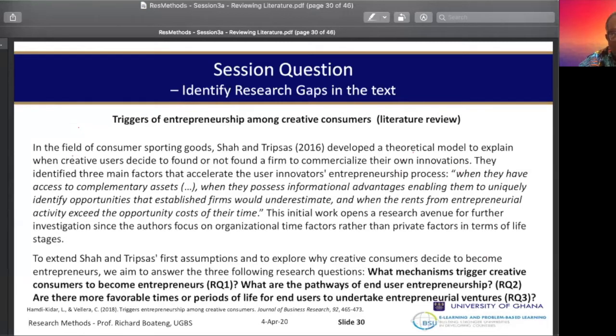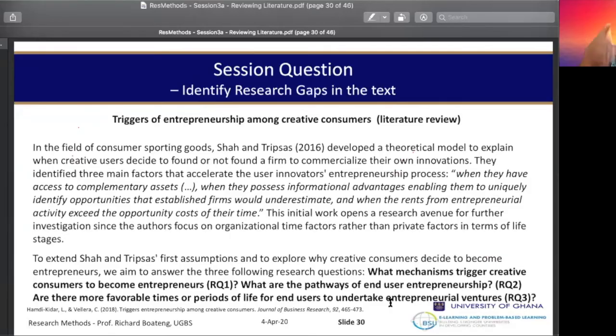That's one. Number two, what are the pathways of end user entrepreneurship? And number three, what are the more favorable times or periods of life for end users to undertake entrepreneurial ventures? If you look at the third question, it is addressing the private factors that he mentioned earlier, that sometimes people in their private life end up becoming entrepreneurs because of time that they may have. So these are the three questions that the person had based on the model.